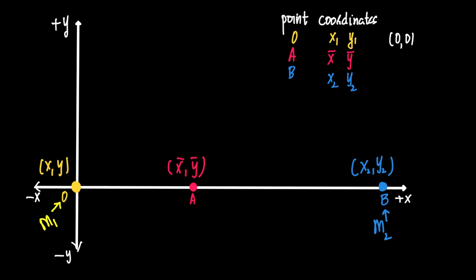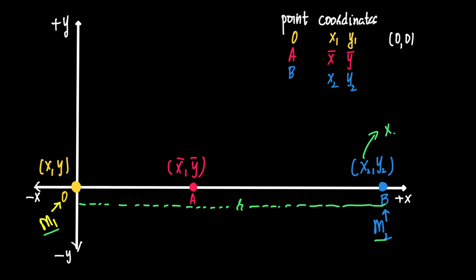Now the question is, what is the value of x1, y1? Since m1 is placed at the origin, x1 should be equal to 0 and y1 should be equal to 0. That makes sense? Simple. But what is x2, y2? If I assume that these two particles, O and B, that is m1 and m2, are kept at a distance r, then what is the value of x2?